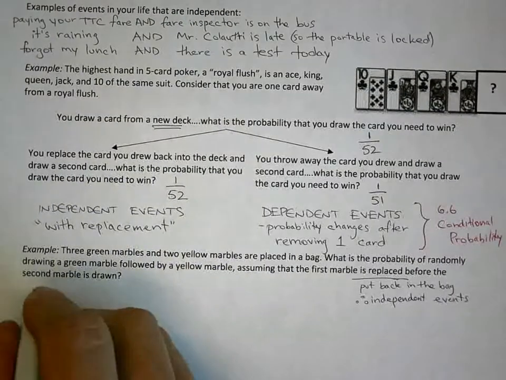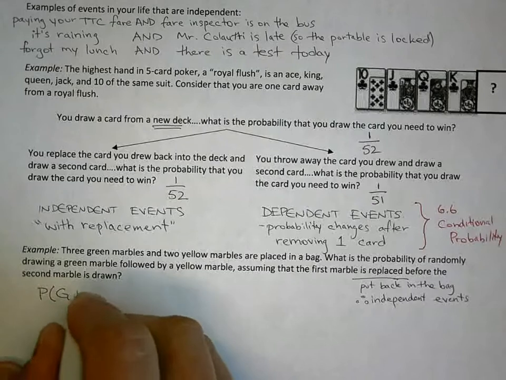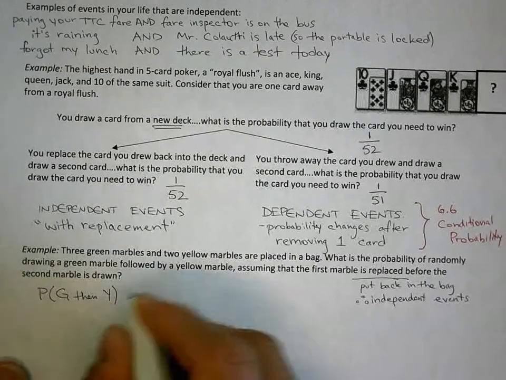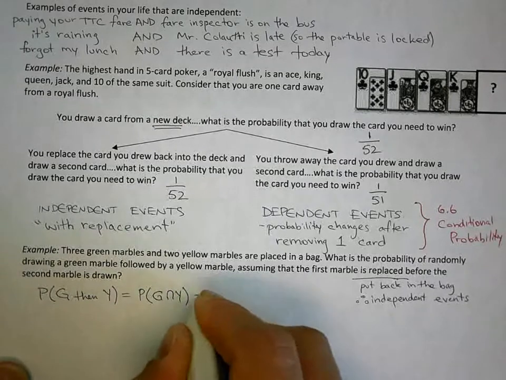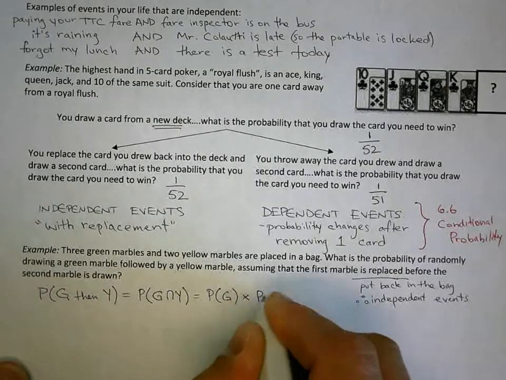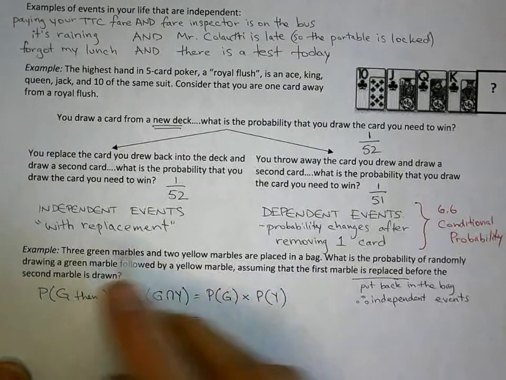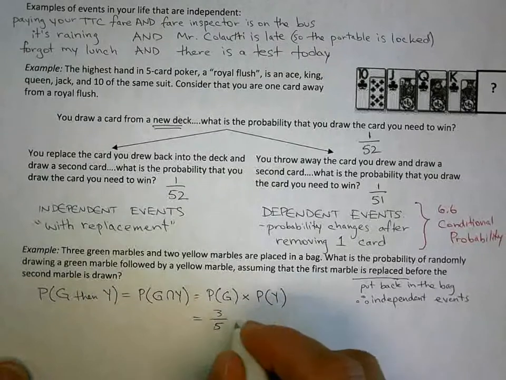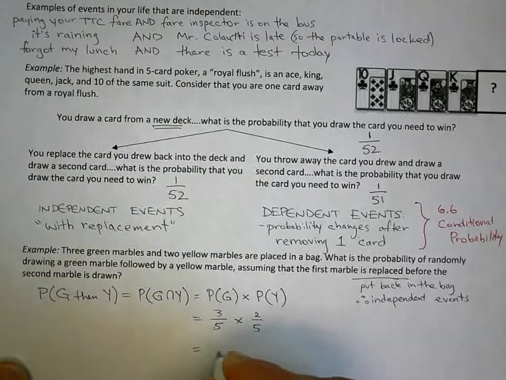So if you want to find the probability of getting a G green and then a Y, essentially you're saying G and Y. So that would be the probability of G times the probability of Y. The probability of getting a green is, well, there were 3 options out of my 5. The probability of getting a yellow was 2 out of 5. So my total probability is 6 out of 25.